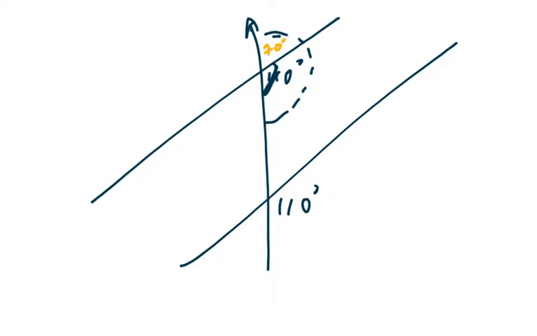If that is 70 degrees, this would also be 70 degrees. Now we know that this angle here, let's not forget those arrows, corresponds to that angle there. So that angle would be 70 degrees. But this angle is vertically opposite to that, so this would also be 70 degrees.